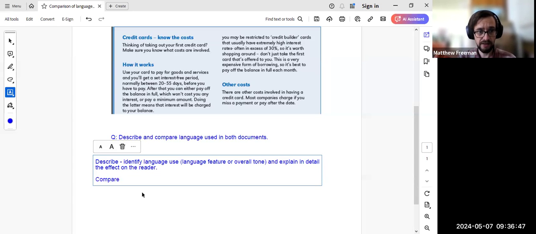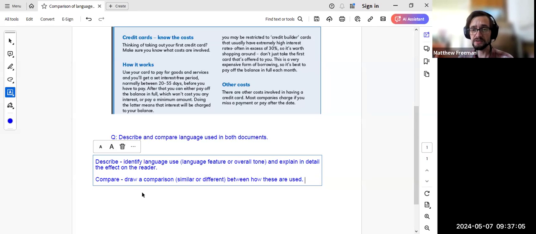And compare, they want you to draw a comparison. This could be a similarity or a difference between how these are used.